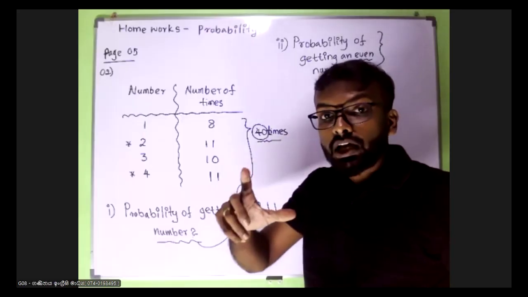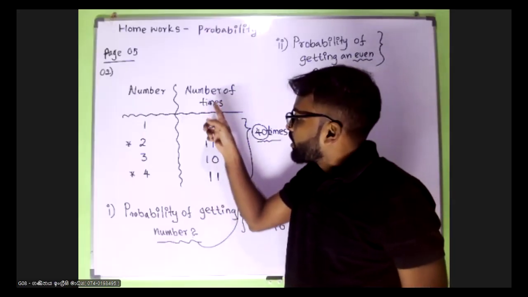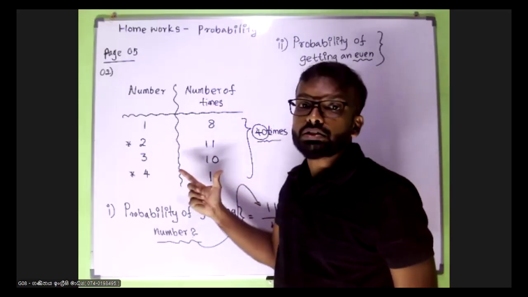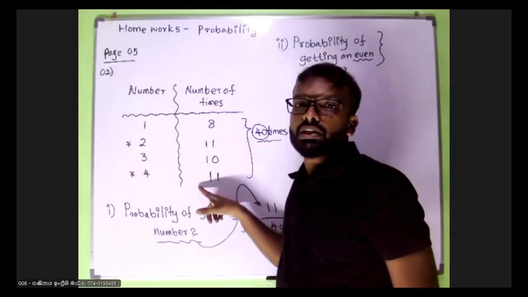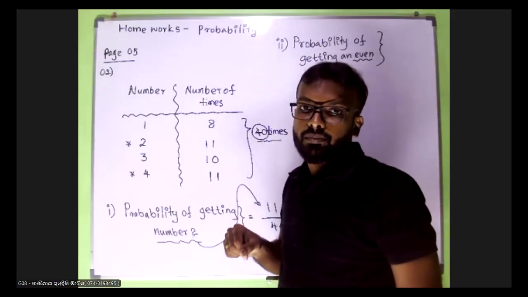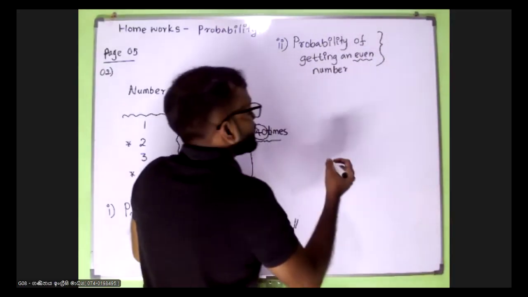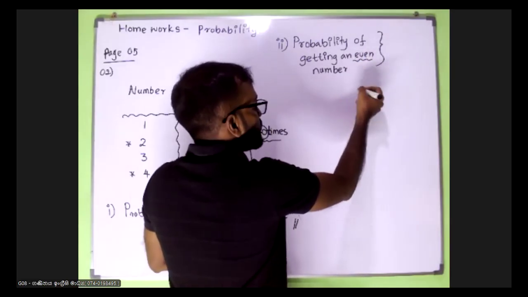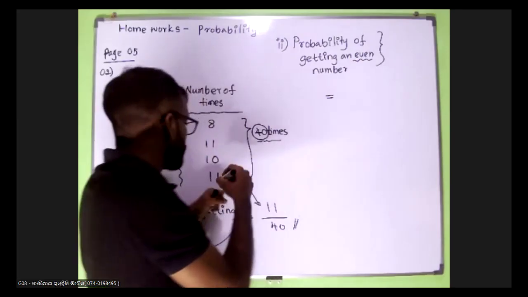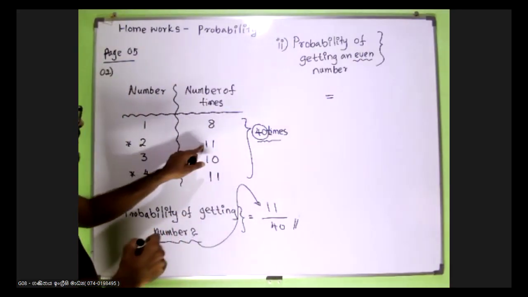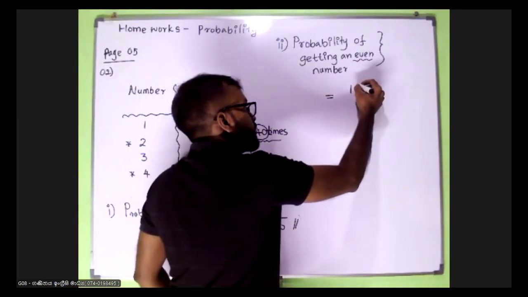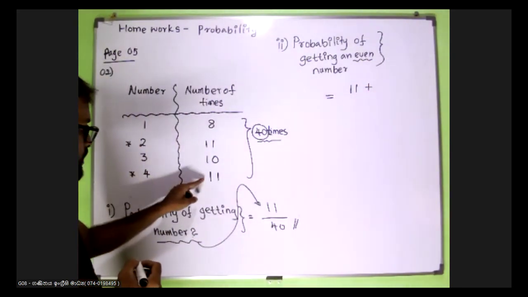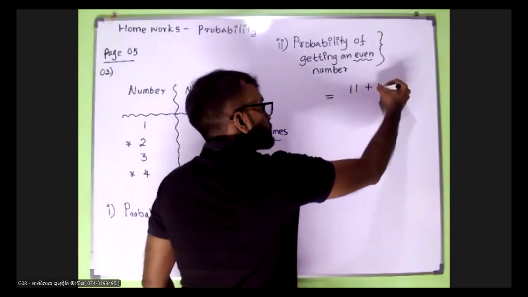So you have to consider the number of times that 2 and 4 occur together, 11 plus 11, as the numerator. So I will write it. Even numbers you have 2 and 4. How many times does your 2 occur? 11 times. Plus how many times does your 4 occur? Again 11.